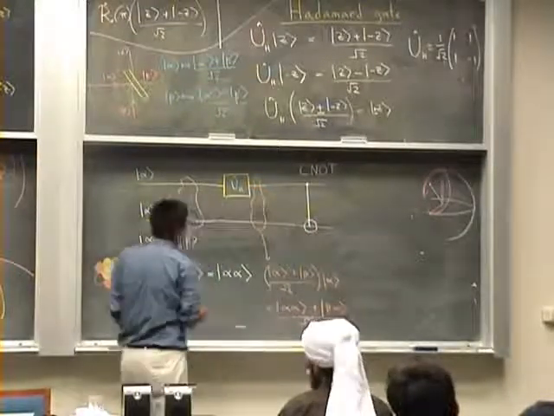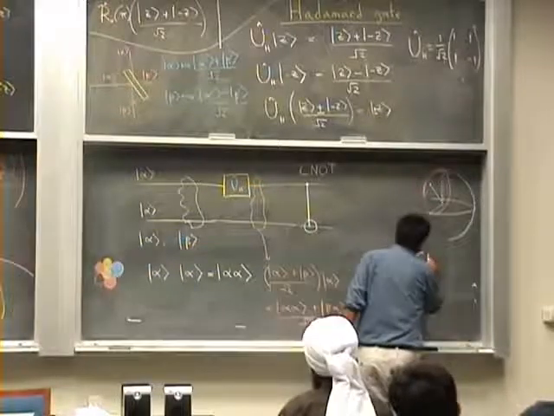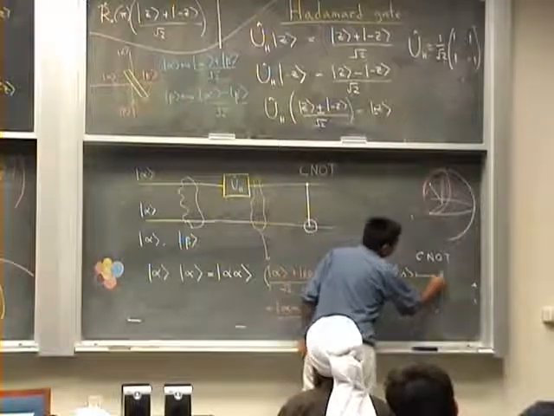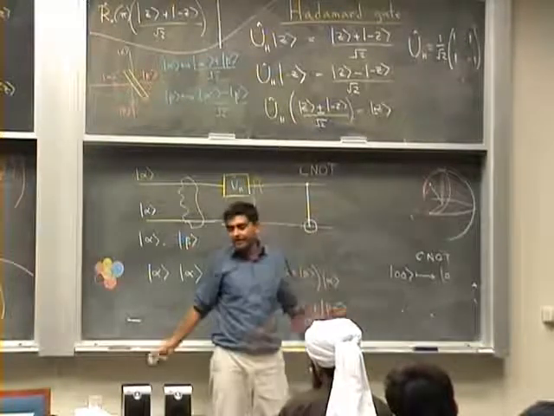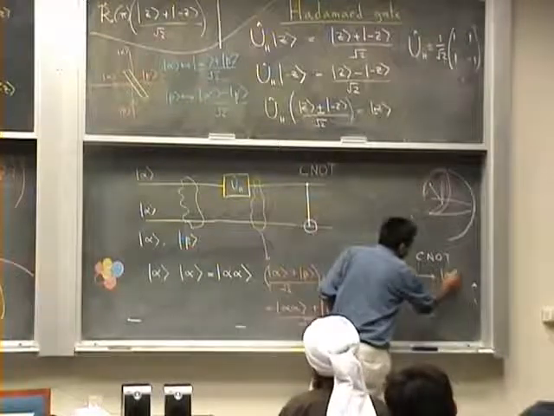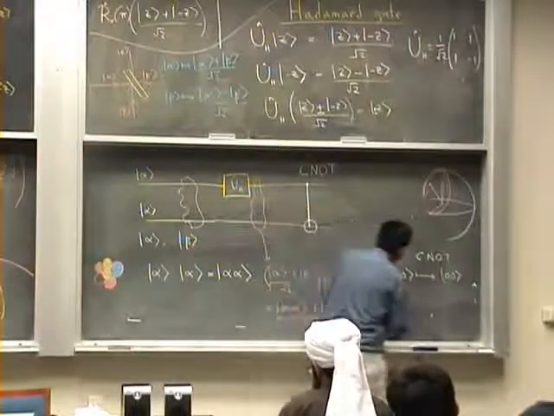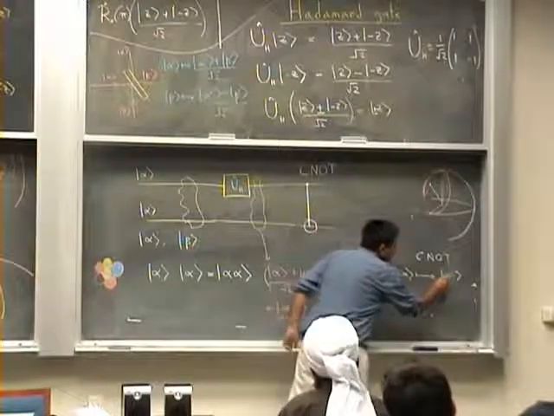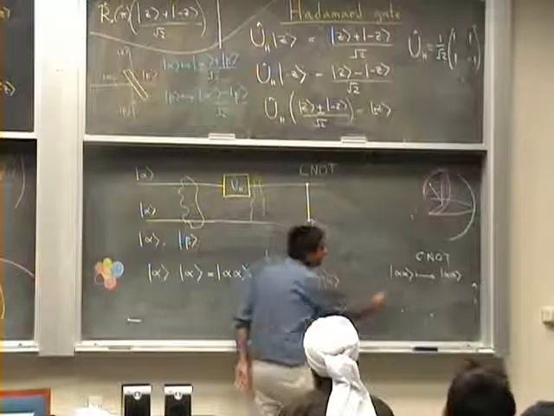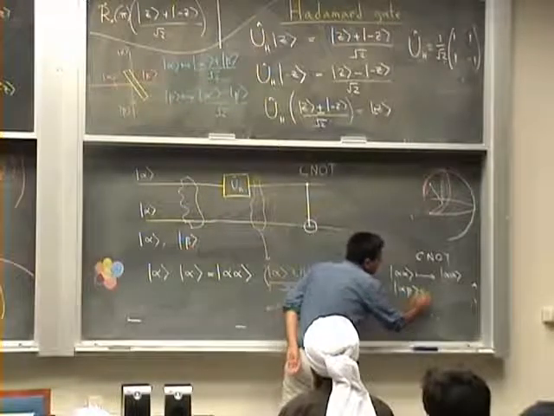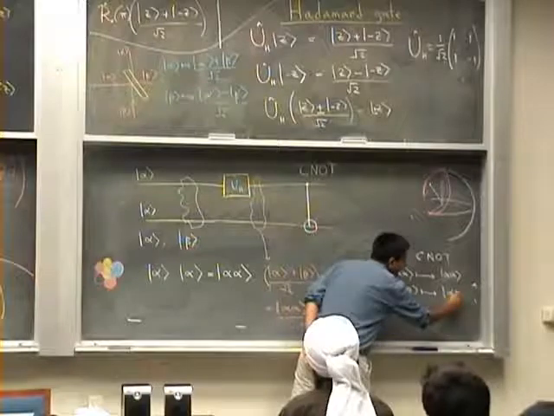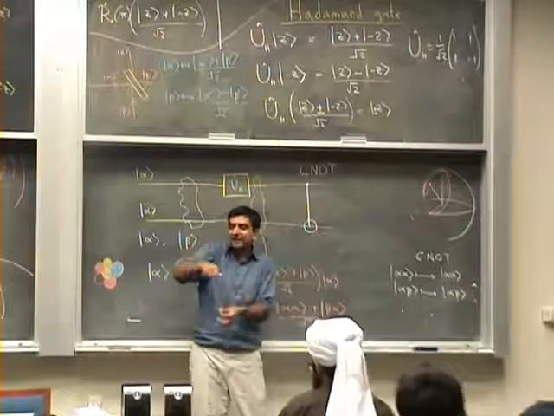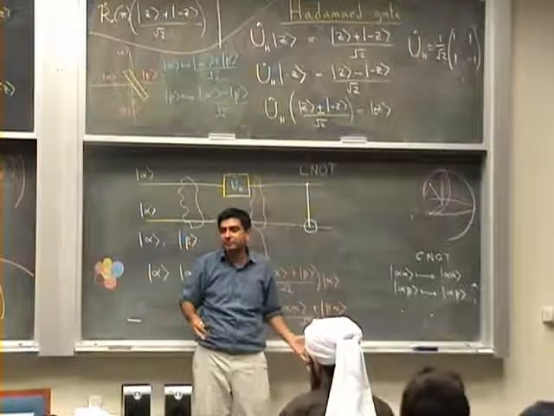So if I have a CNOT gate and my input is alpha alpha, my output is also alpha alpha. If my input is alpha beta, my output is alpha beta, because the first qubit is the control qubit, it's in the state alpha, and nothing happens to the second qubit.